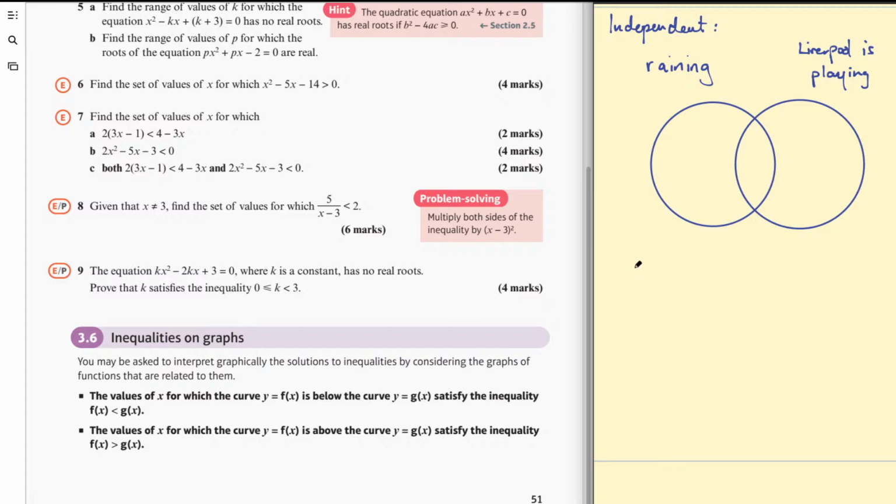Then you could have another situation where you have Liverpool playing and Norwich winning.